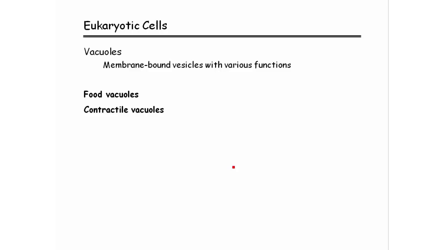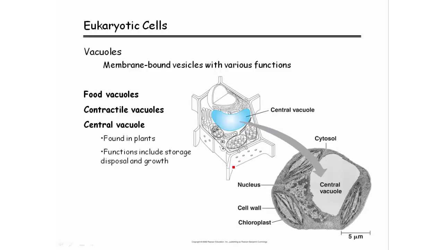We do, however, have one very large vacuole that is specifically found in plant cells, and this is called the central vacuole. The central vacuole takes up the majority of the inside of a plant cell, so it is very large, and its function is going to vary depending on the cell type that it's in. So whether it is in a leaf cell or a root cell or some flower cells, so where in the plant we would actually find it.